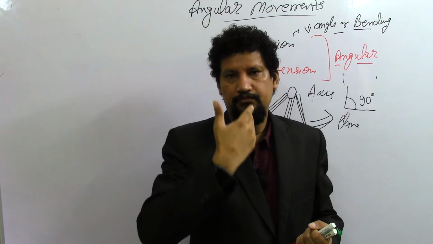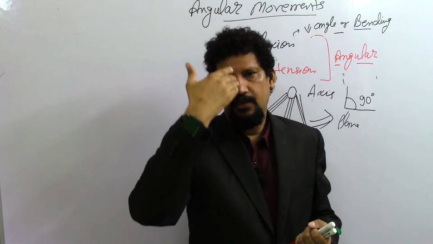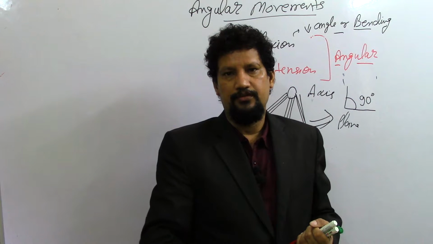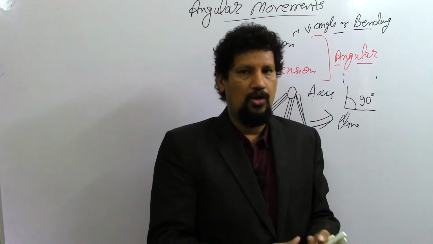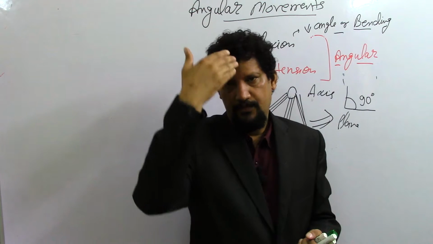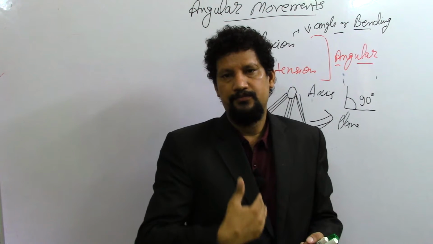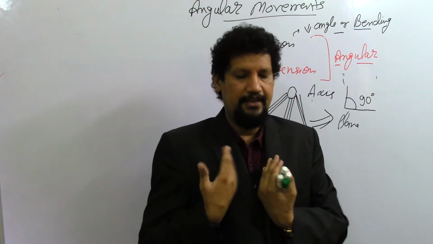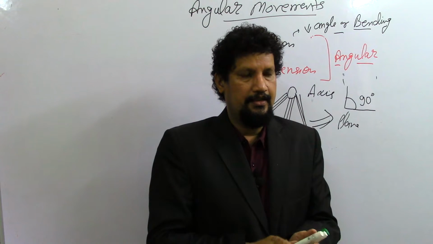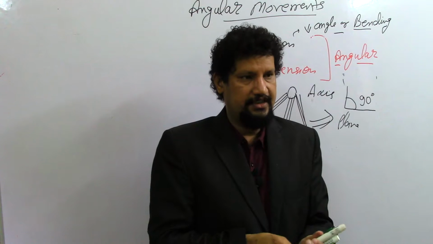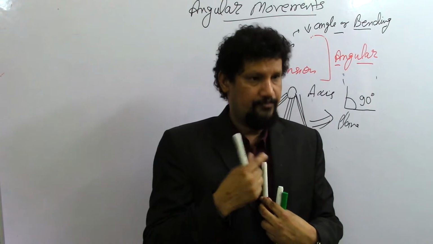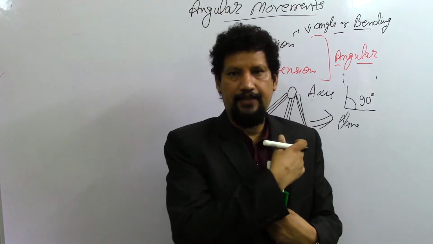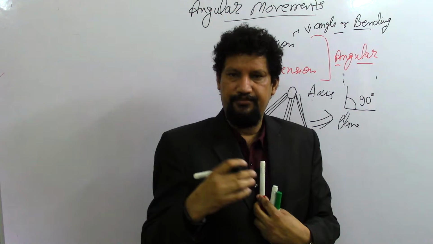It passes anterior to posterior, a longitudinal or lengthwise plane. So this is the median plane, dividing the body into equal right and left halves.